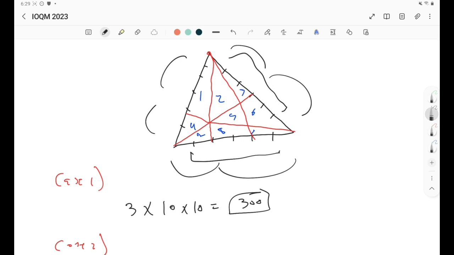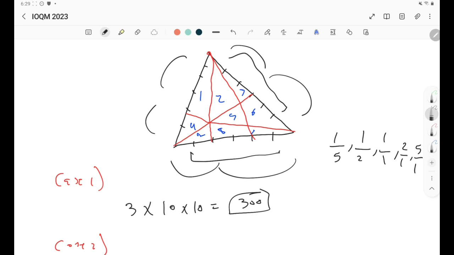Because each ratio of these is going to be either 1 over 5, correct, because the sum is 6, or 2 over 4, which is just 1 over 2, or 3 over 3, which is 1 over 1, or 2 to 1 and 5 to 1.